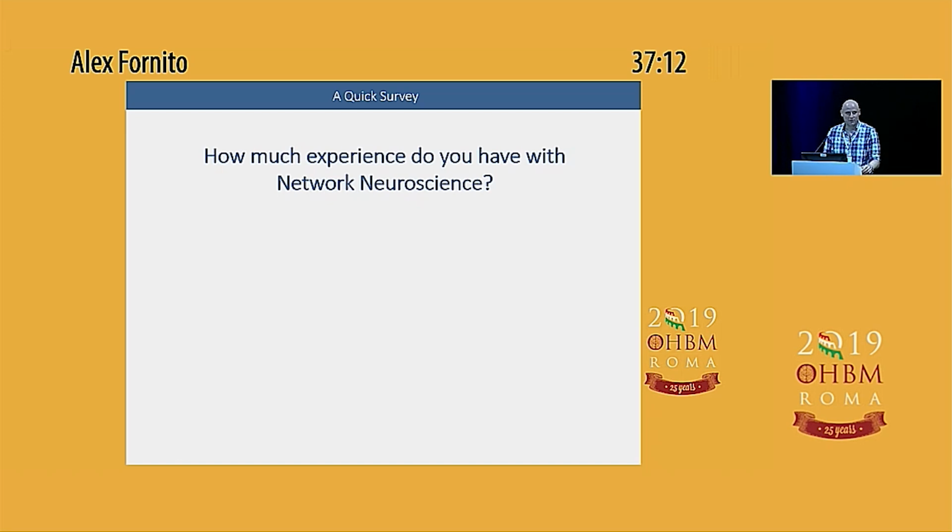So the question is, I really just want to get an impression of what the levels of experience are in the room. If I was to ask you how much experience do you have with network neuroscience, can I get a show of hands? How many people have no idea what a network is? All right, a couple. What about, I've never performed a network analysis, but I know what a network is? Okay, decent proportion.